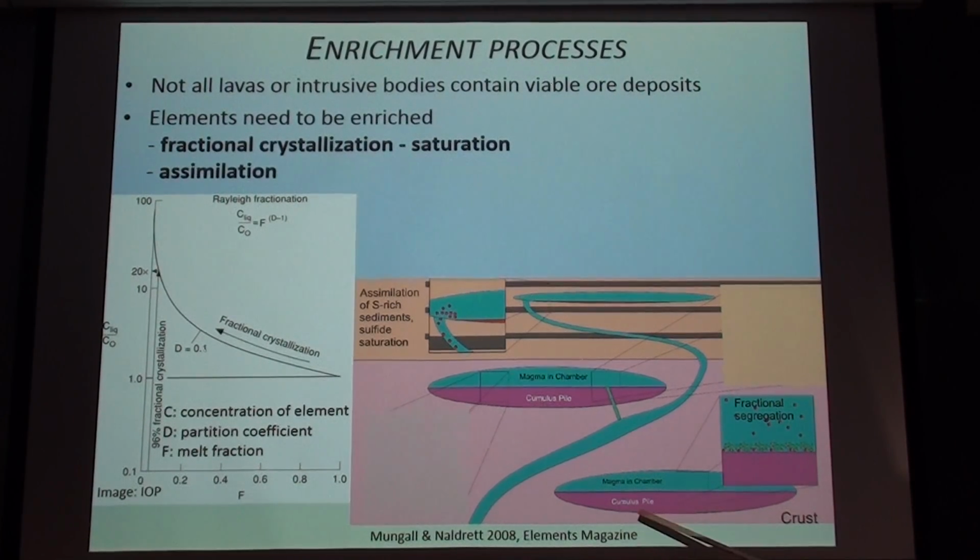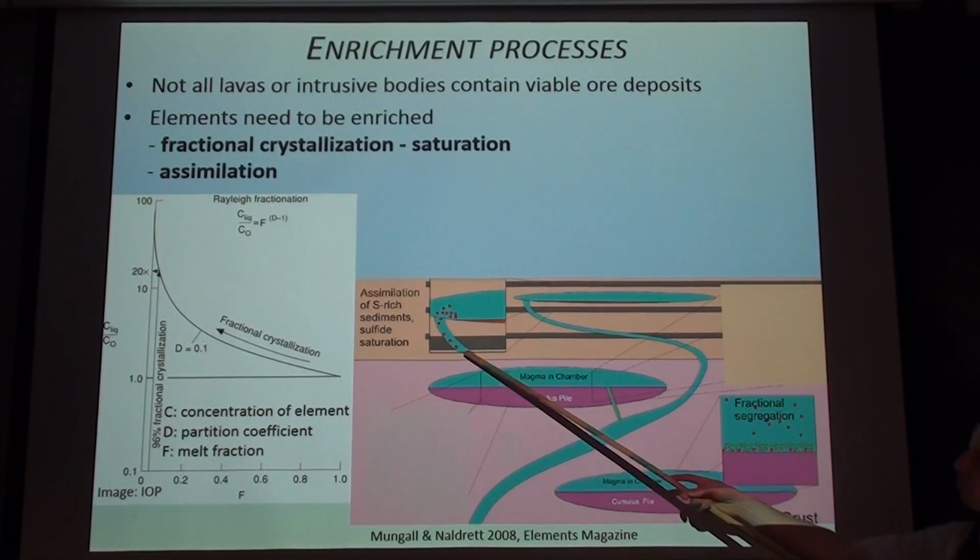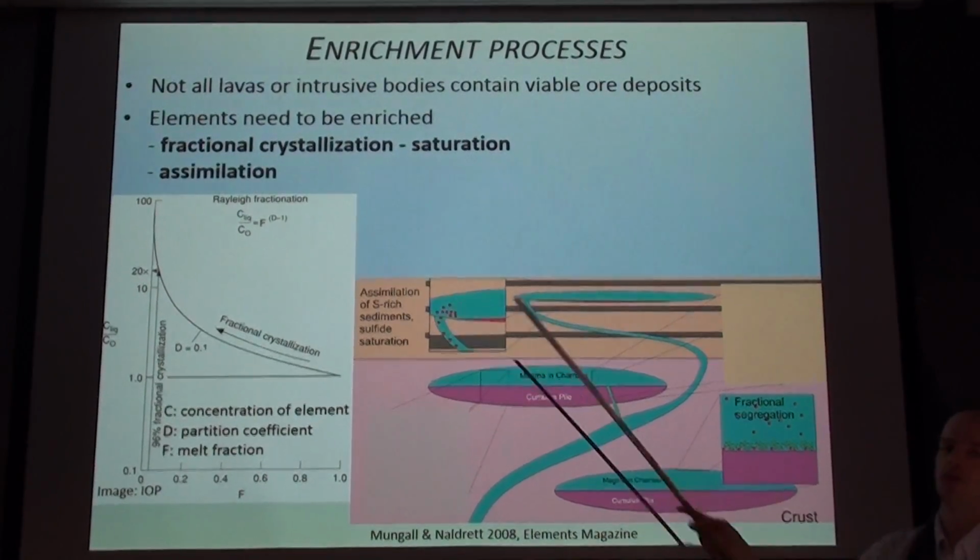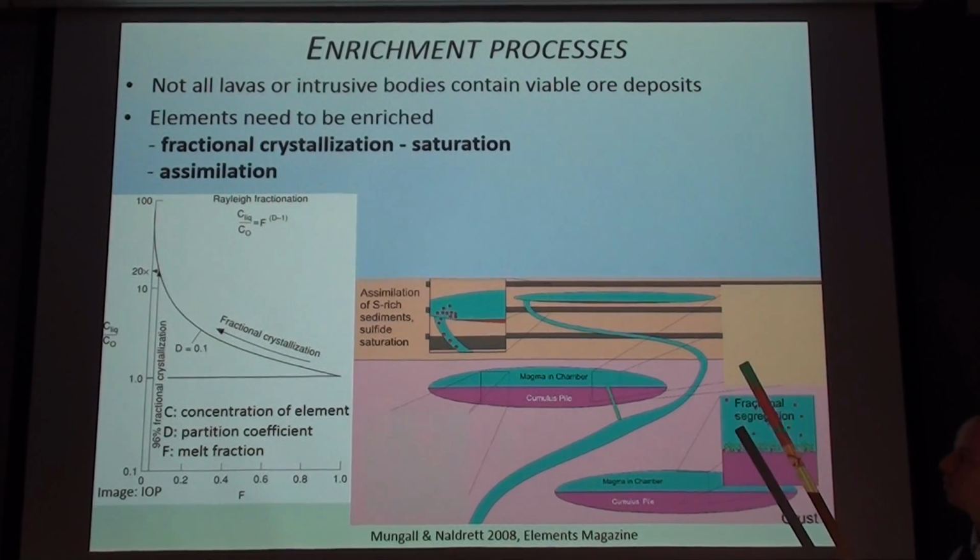And in picture, we've got the magma from the mantle injected in the crust, forming magma chambers or magma reservoirs, and then we start to crystallize after we reach saturation. Another way of reaching saturation is, for instance, by mixing sulfur in with the magma.